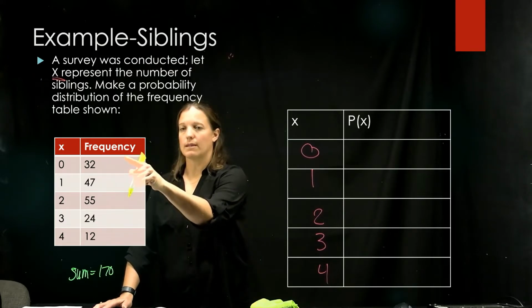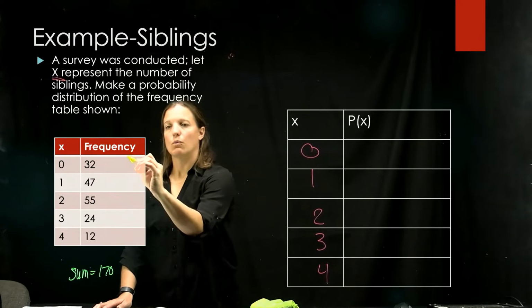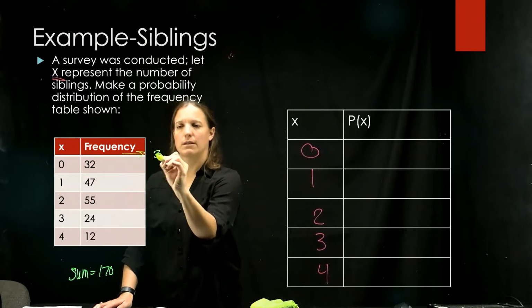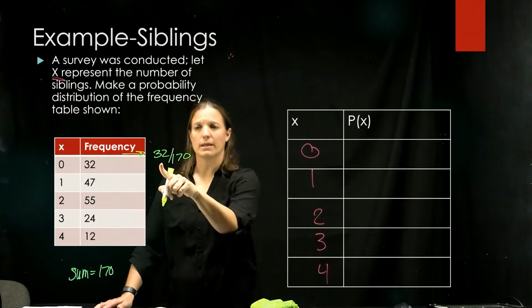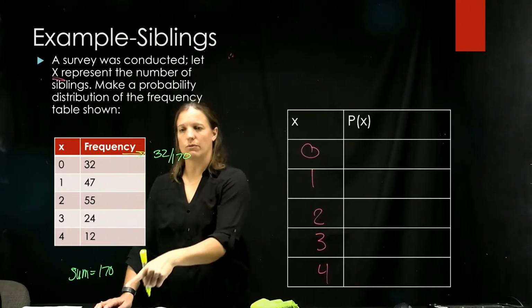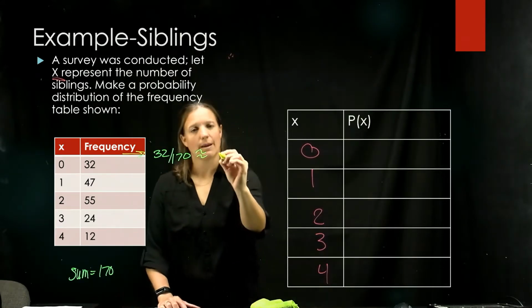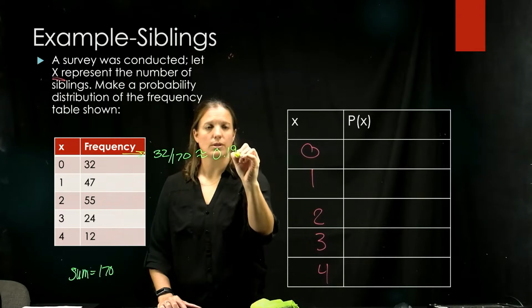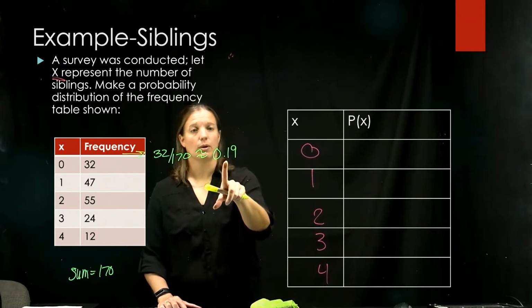Now, in order to take these individual frequencies and change them into probabilities, we need to find their relative frequencies. So I would take 32, my frequency here, divided by the total of 170. I'm going to round my values to 2 decimals, and my relative frequency turns out to be 0.19.